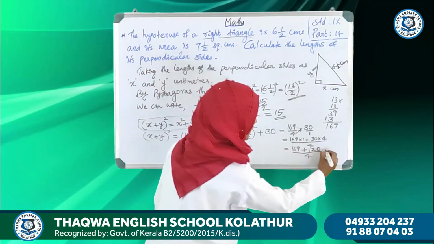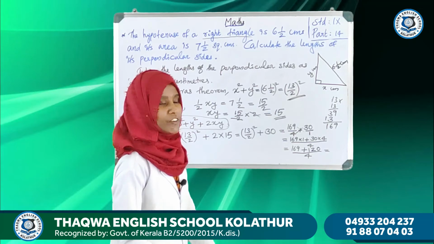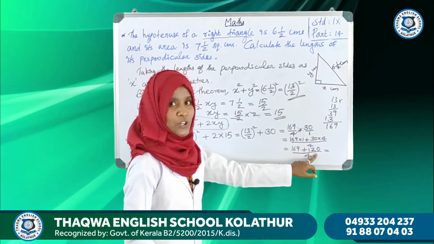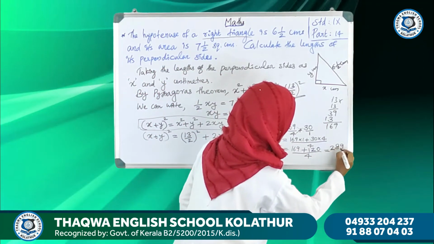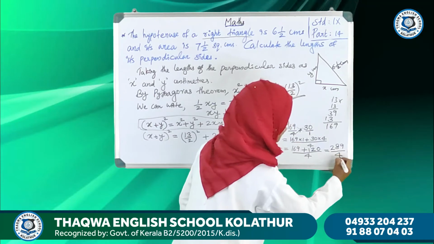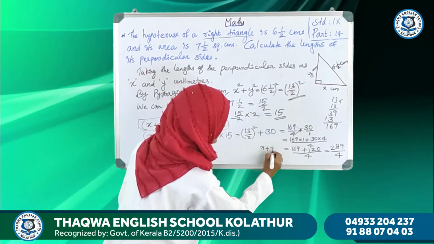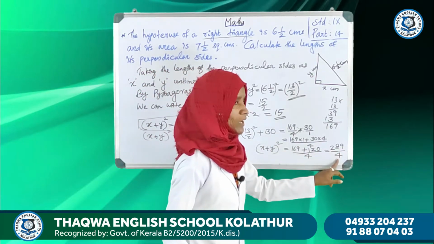This is 169 plus 120. What is the sum? 169 plus 120, 289 by 4. That is x plus y whole square is 289 by 4.